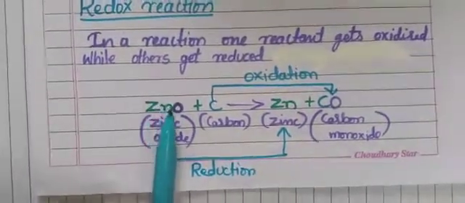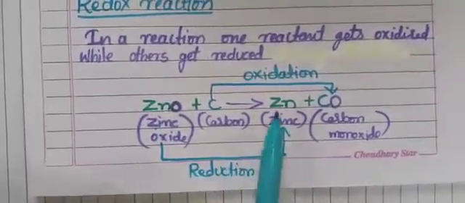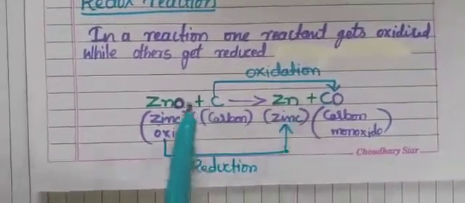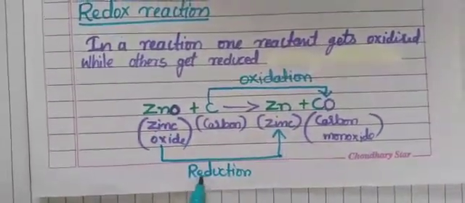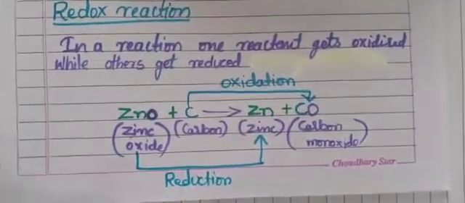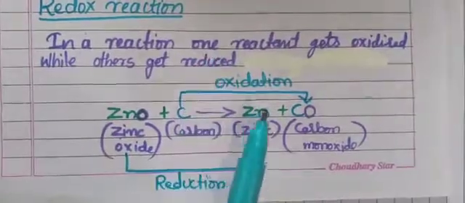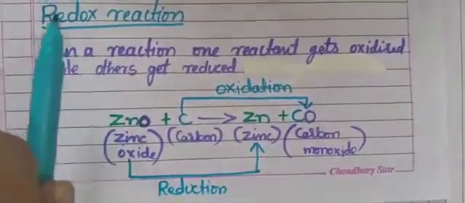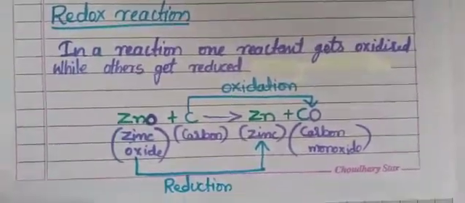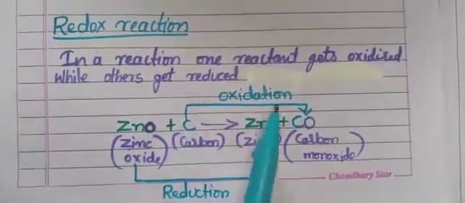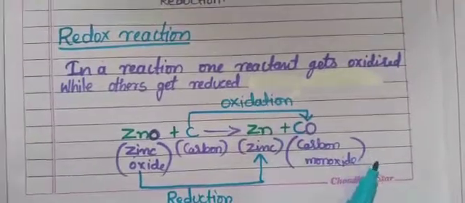So here zinc oxide is there. Here oxygen is removed. From zinc oxide it has turned to zinc. It means oxygen is removed. We call it a reduction reaction. So the reaction in which both reduction and oxidation are taking place, we call a redox reaction. So in this, zinc oxide is reduced and carbon is getting oxidized.